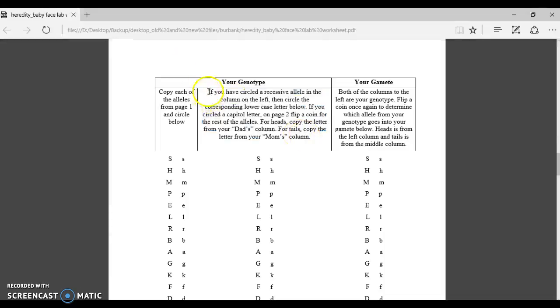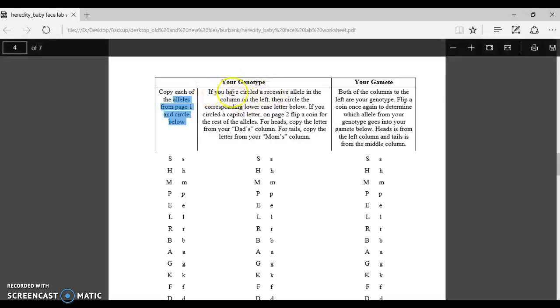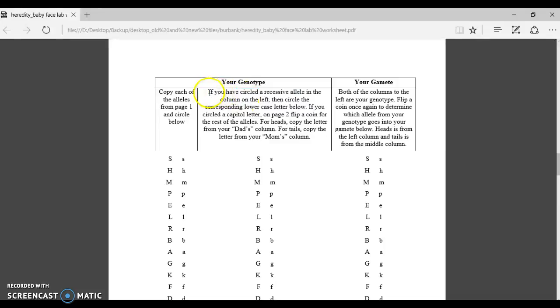It says, if you have circled a recessive allele in the column on the left, then circle the corresponding lowercase letter below.